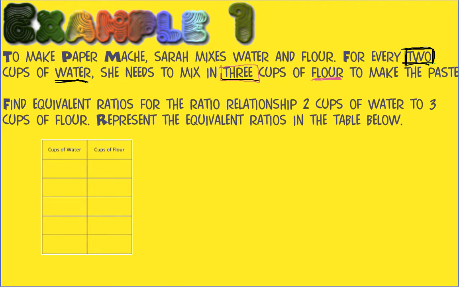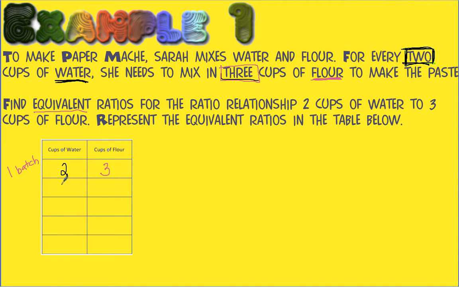So what this means is, first I can start off with just what I was given. So I know that for every 2 cups of water, I need to use 3 cups of flour. So I'm going to make equivalent ratios. This is for one batch, let's say. If I want to make a second batch or a double batch, I have to double the amount of water.